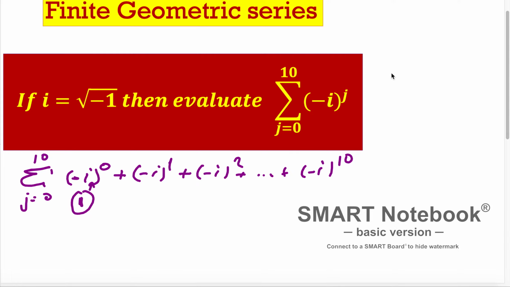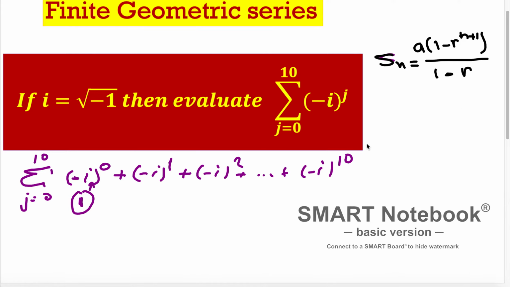If we want to find the sum, we can write the formula. Let me write in a different color. The formula is S_n equals a times (1 minus r^(n+1)) divided by 1 minus r.